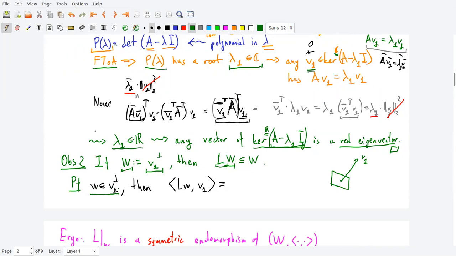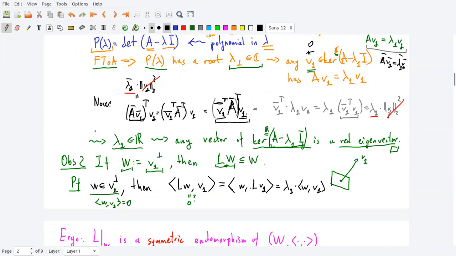So I've got some vector W that is orthogonal to v1. Yes. So the inner product of W and v1 is equal to 0. I need to prove that if I apply L to it, I also get 0, because this will actually prove that the result is also in the subspace orthogonal to v1. Good, but now our operator is symmetric, so I can move L to the other side. Yeah, W times L v1. But now L v1, because v1 was an eigenvector, is the same as lambda 1 times v1.